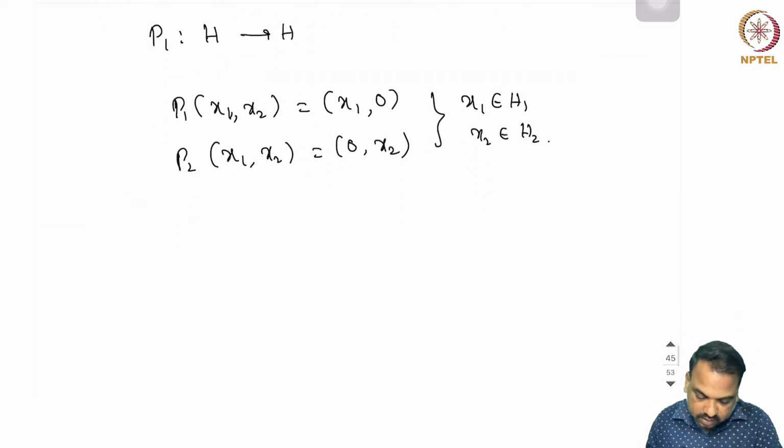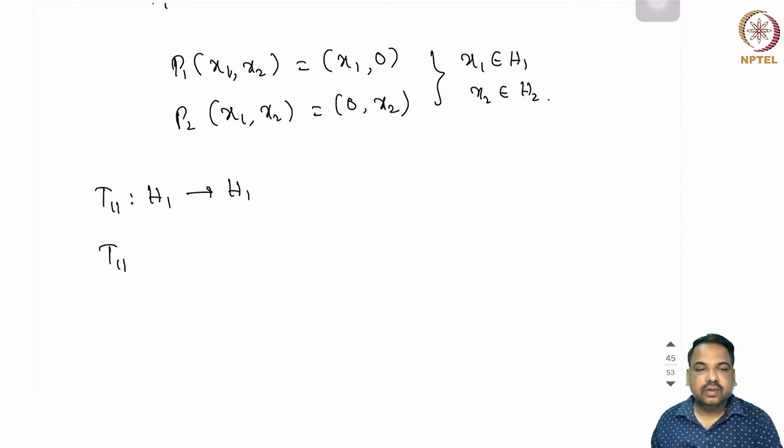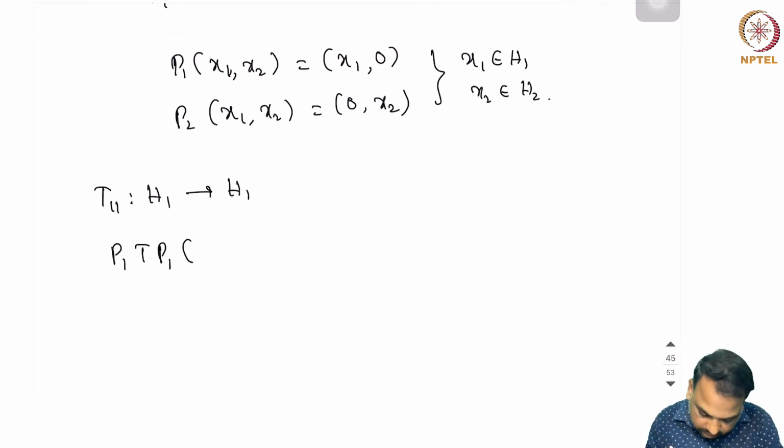Now if I want to find T11, which is a map from H1 into H1, we want to find it from T. So consider P1 T P1 at (X1, X2).